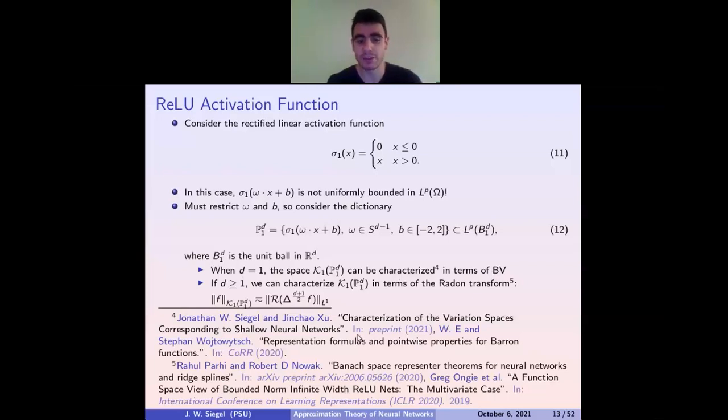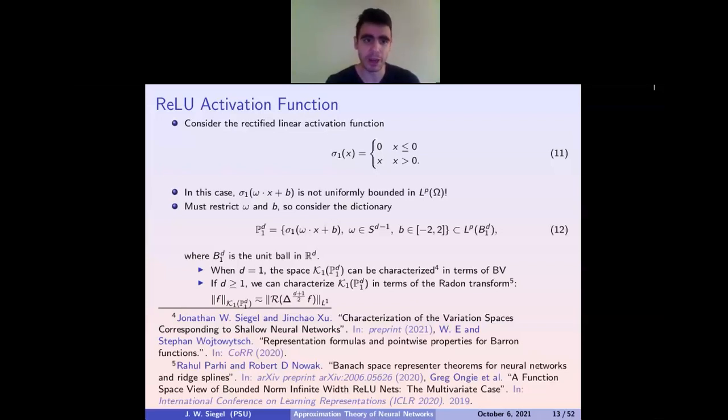And it turns out that if d is greater than or equal to 1, we can get a characterization in terms of the Radon transform of f. So if you look at the L1 norm of the Radon transform of some derivatives of f, this exactly corresponds to the K_1(D) norm on this class of functions on this convex hull.